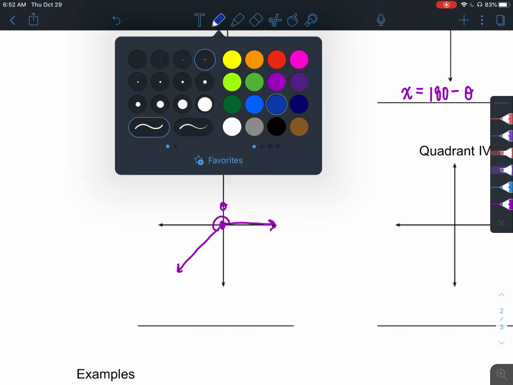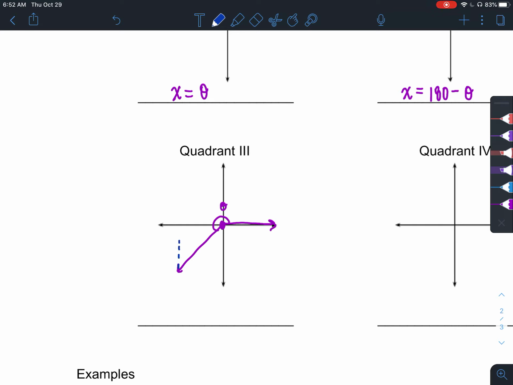And if I were to draw a right angle there, then that would reflect this over into the first quadrant. So you see that those two angles are the same. So that's why we want that blue angle.